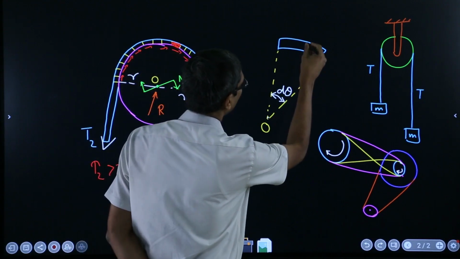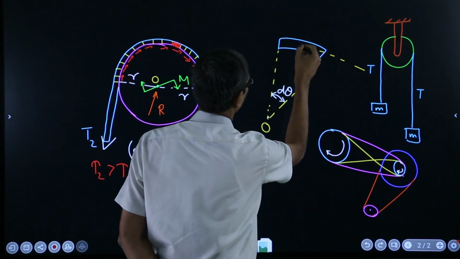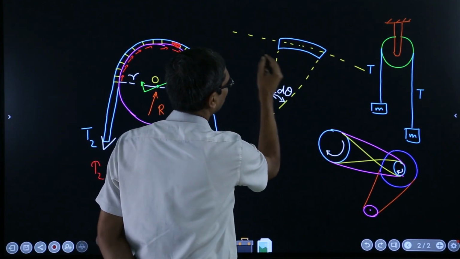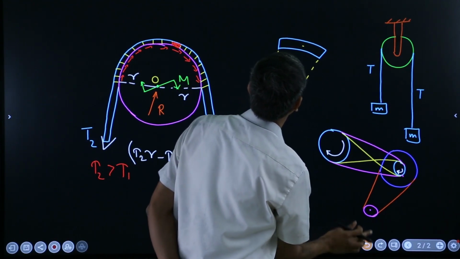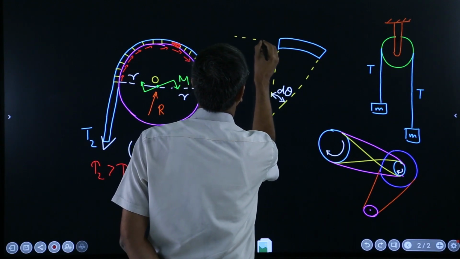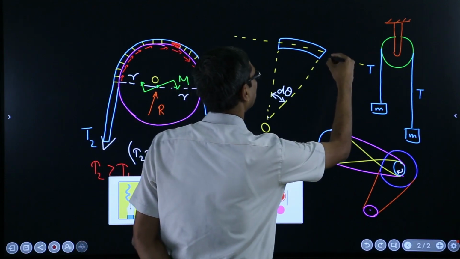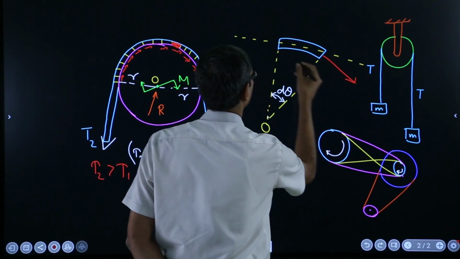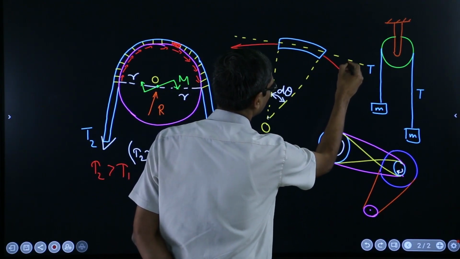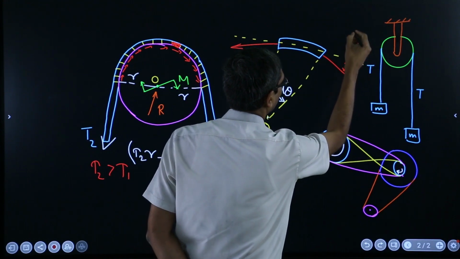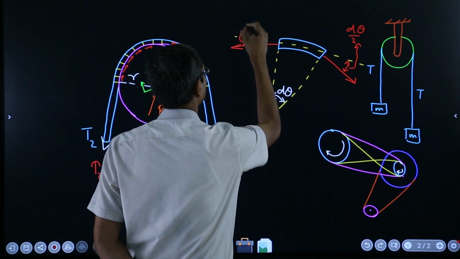If you take a tangent here, so the tensions, this doesn't look like a straight line, so let me draw like that. Now the tension here would be working in this direction, and here it will be working in this direction, and these angles being d theta over 2 and d theta over 2.